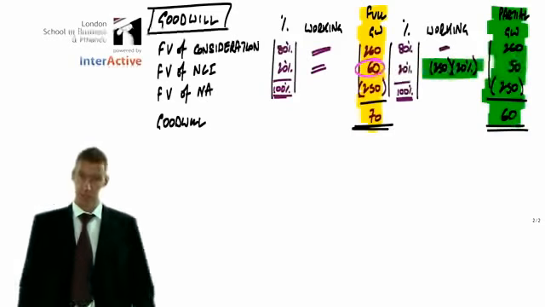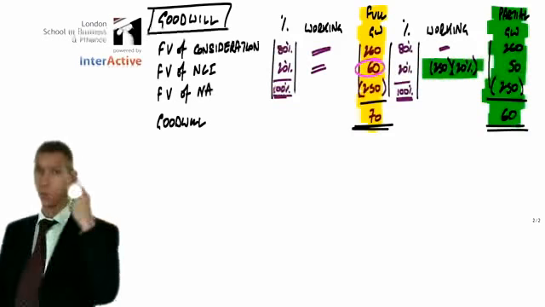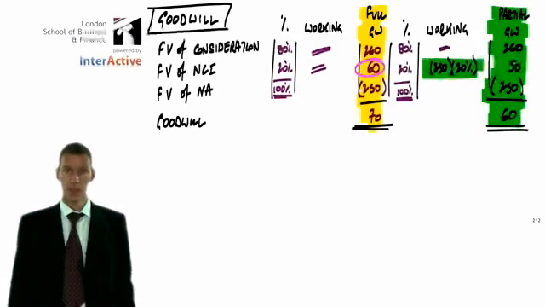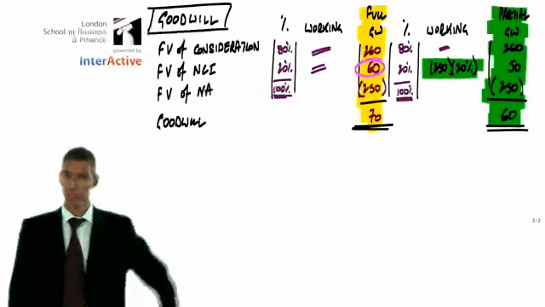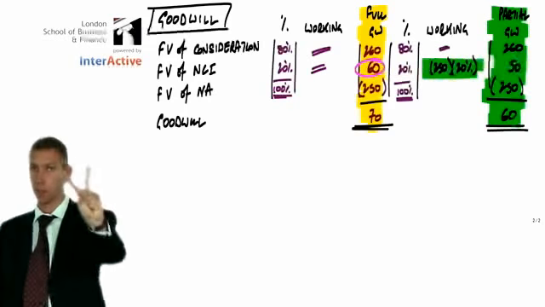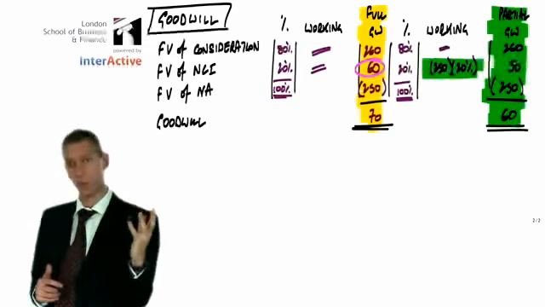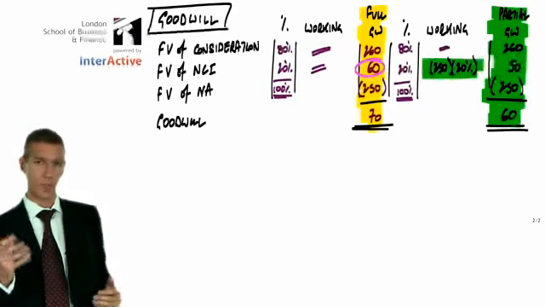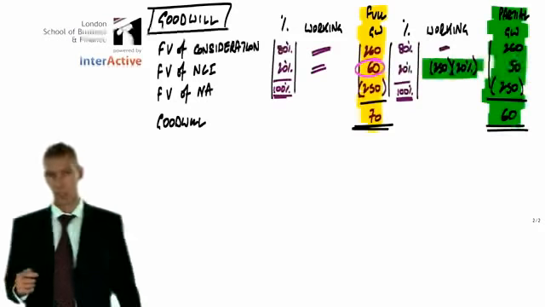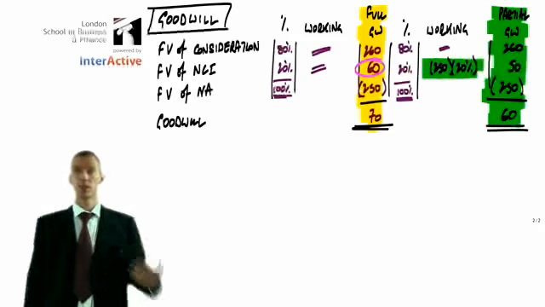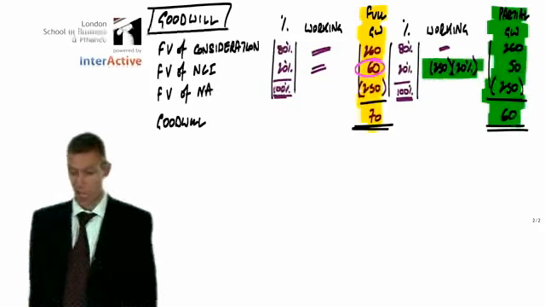Prior to IFRS 3 2008, there was one way of doing goodwill. It may not have been perfect, but at least there was one way. Now there are two. You can either choose the full goodwill or the partial goodwill out there in the real world. If that choice exists in the real world, it exists in the exam as well.